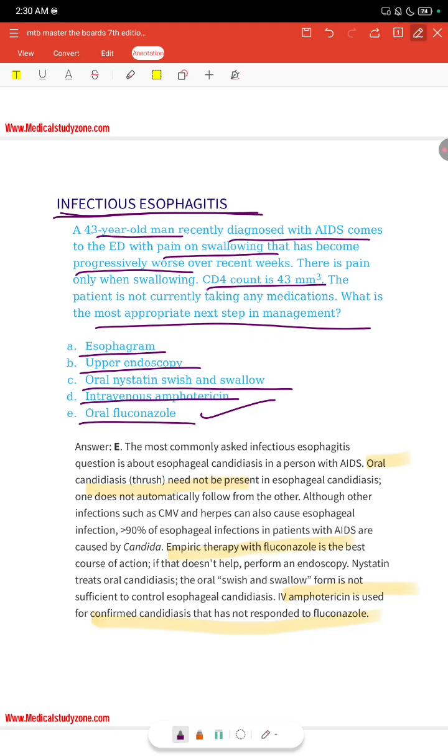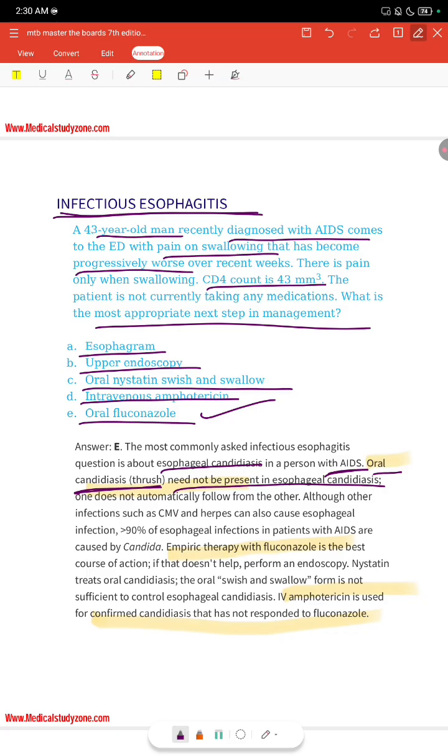So the most commonly asked infectious esophagitis question is about esophageal candidiasis in a person with AIDS. Oral candidiasis, that is thrush, need not be present in esophageal candidiasis. One does not automatically follow from the other.